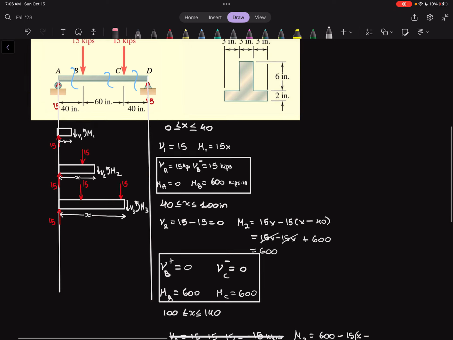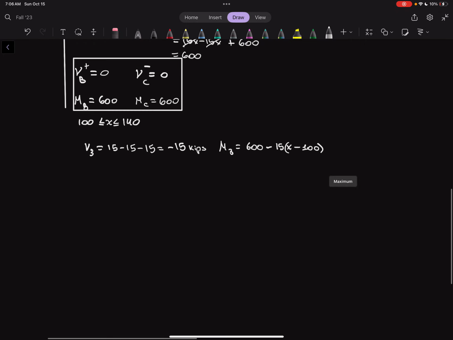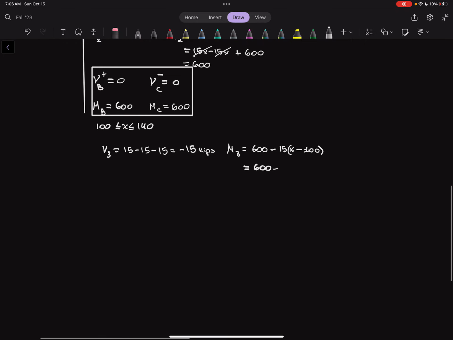Well, how far is the second 15? It's 100 away from the start. And so we get 600 minus 15x plus 1500, which is going to be 2100 minus 15x.